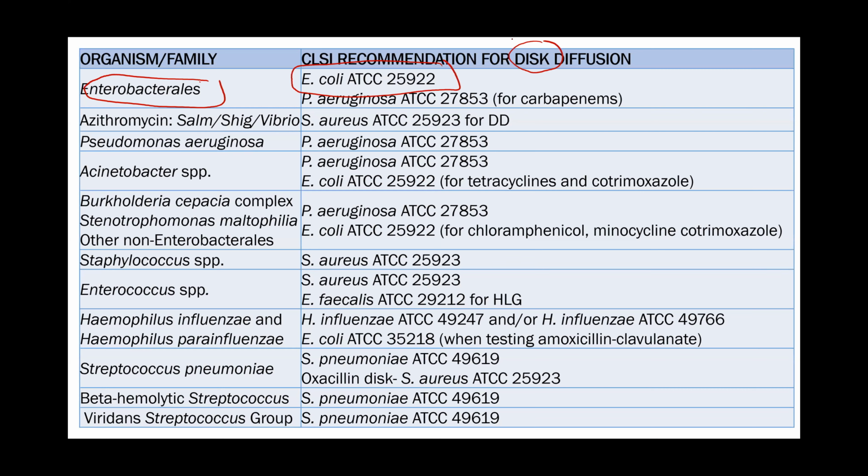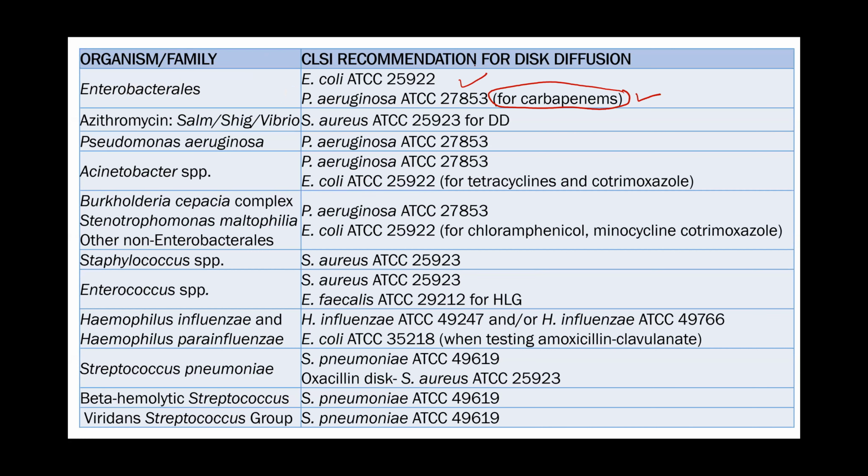If you want to test Enterobacterales, the QC strain is E. coli ATCC 25922 for disk diffusion. Along with Enterobacterales, Vibrio and Aeromonas also have the same QC requirement, except when testing carbapenem, where the QC strain requirement is Pseudomonas aeruginosa ATCC 27853.